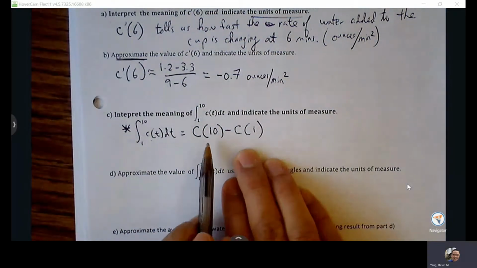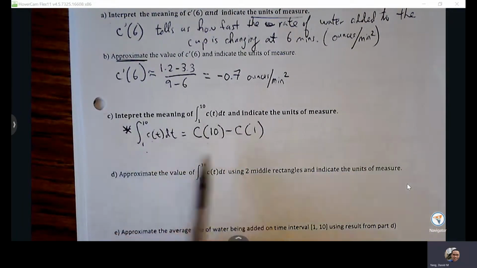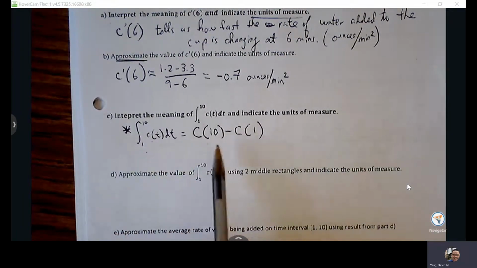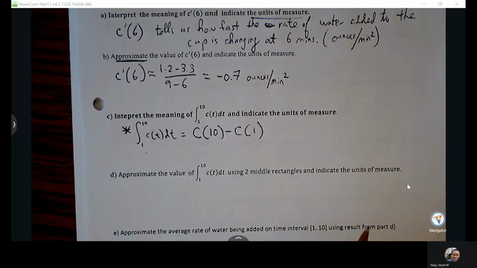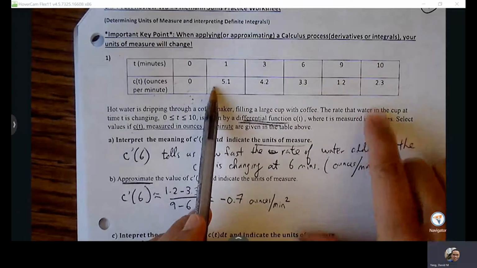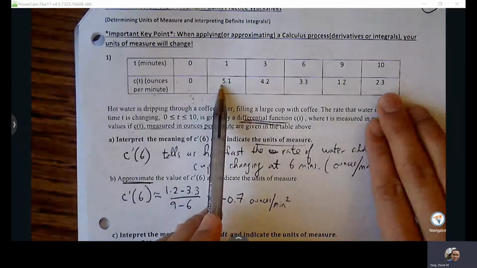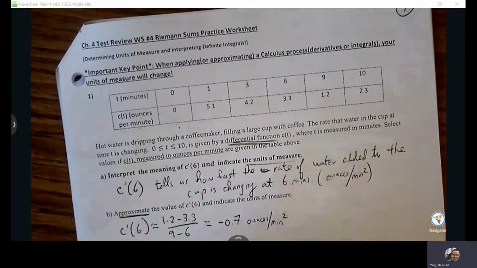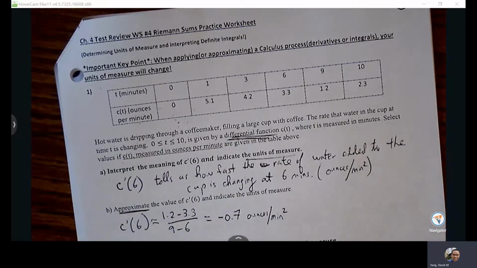So the way that we indicate displacement, what's really happening here is that this is indicating the change in the amount of coffee in the cup between the 1st and the 10th minute. Because between 1 and 10, water will keep accumulating into the cup. And so if we take the antiderivative, we're accumulating all those rates, and we're going to be able to tell exactly how much change there is in the cup in terms of the amount of water.